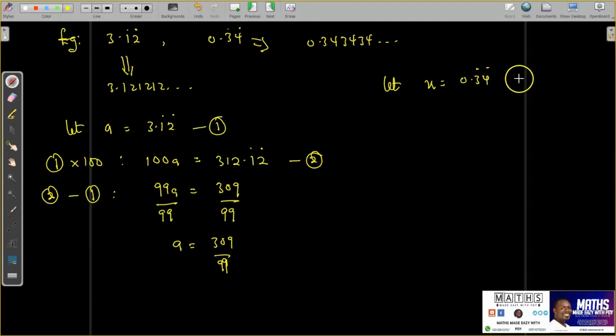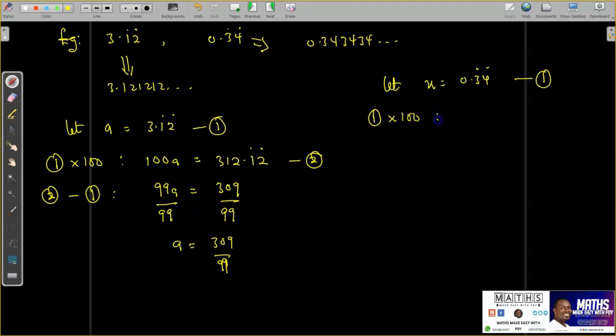Then we label it as equation number 1. Remember, 2 of the digits are recurring right after the decimal point. So it means we need to move both of them at the same time. So since we are moving the 2 digits at the same time, then we need to multiply through by 100. So we can say equation 1 by 100.